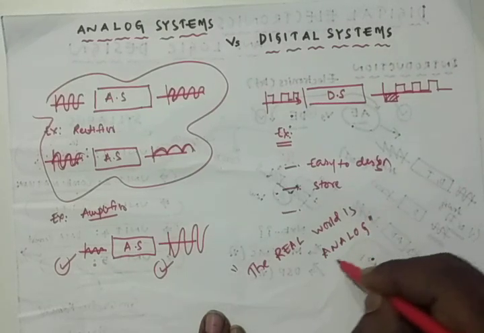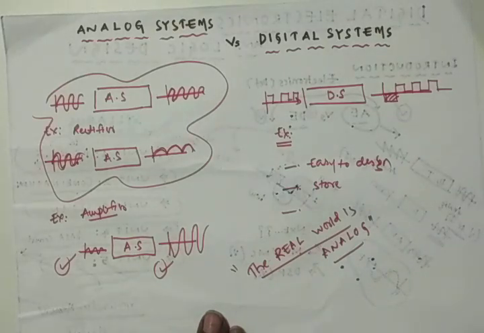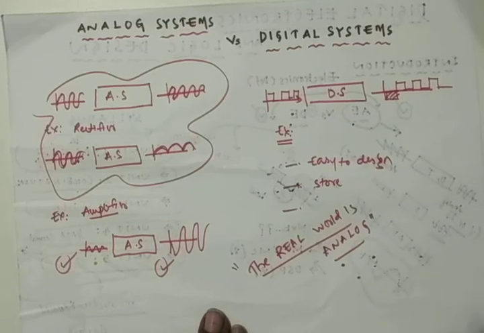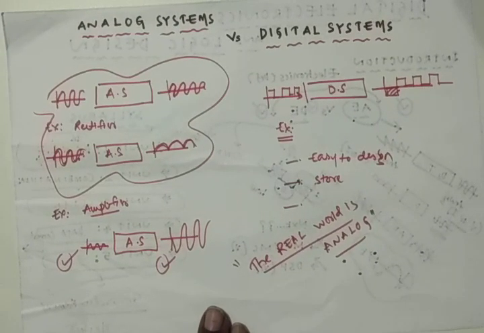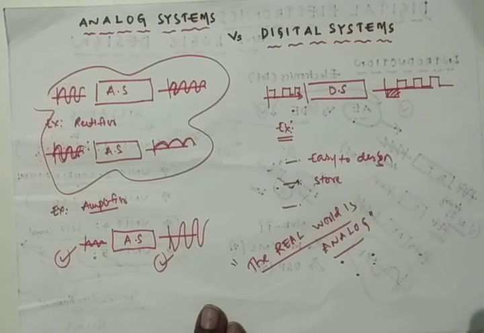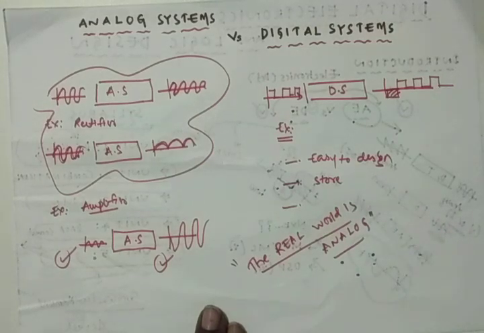If you take temperature, pressure, or the percentage of water in the air, it keeps on varying with respect to time, so everything in the real world is analog only, but digital systems have many advantages over analog systems.